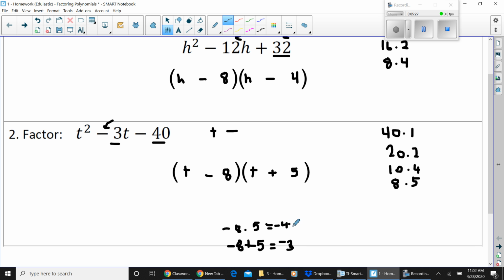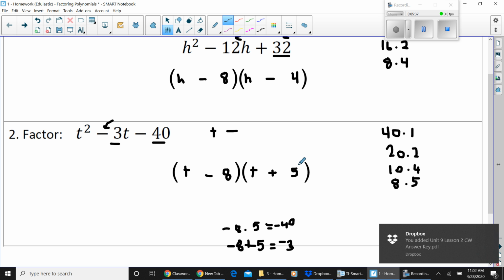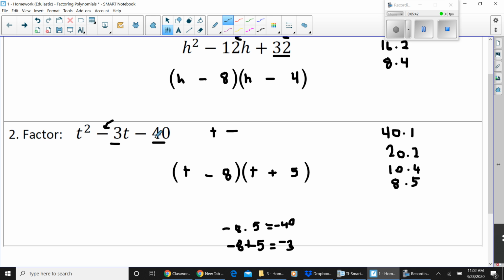You could check it by doing the full distributive property, or you could do it just the way I did. Negative 8 times 5 is negative 40. Negative 8 plus 5 is negative 3. We're good. And that is it.